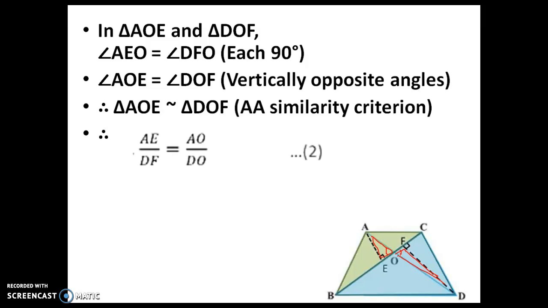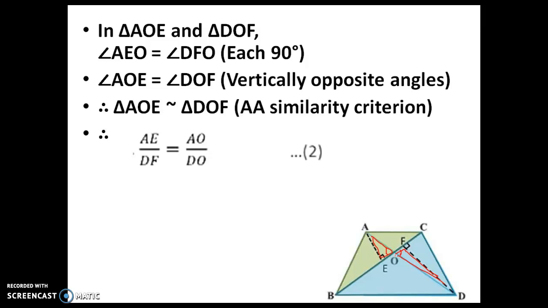If they are similar, AE by DF is one pair of corresponding sides, and AO by DO is the other. So these two are proportional. So AE by DF equals AO by DO.